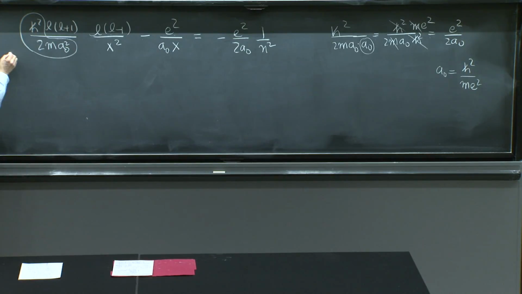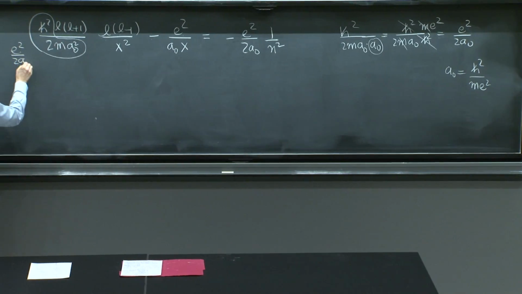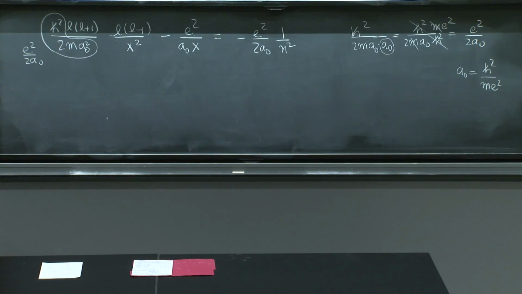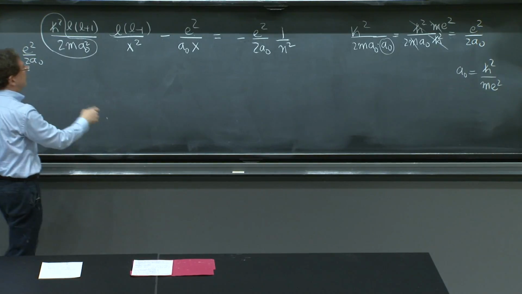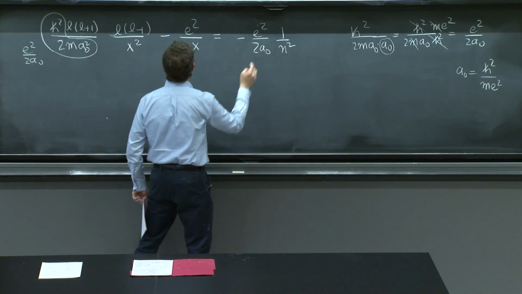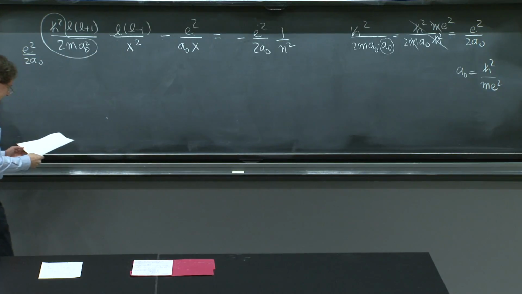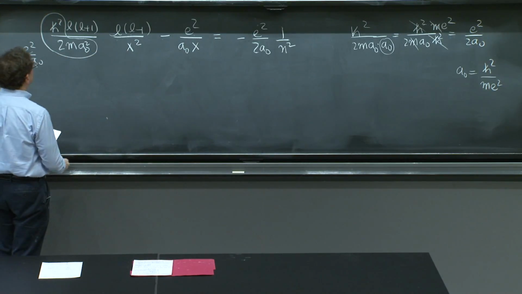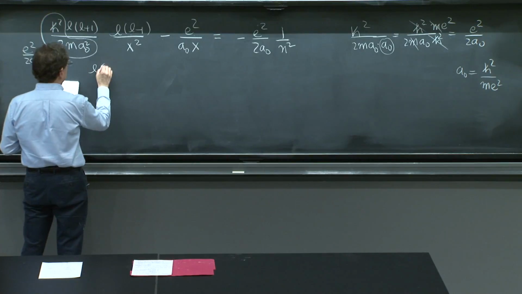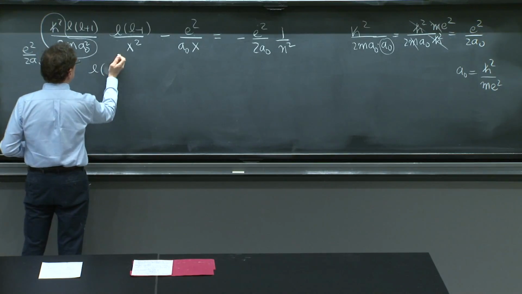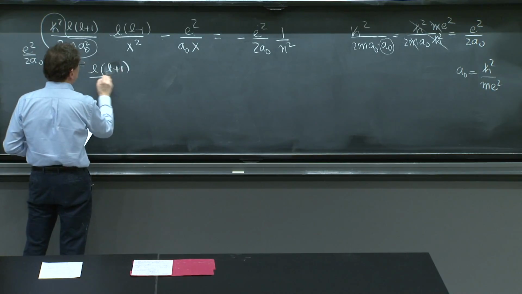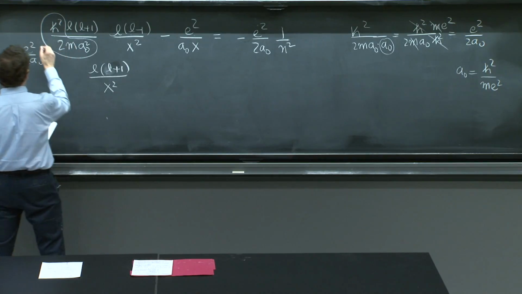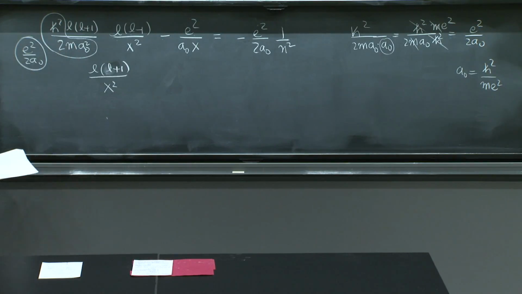So this whole coefficient is e² over 2a0, which is nice, because now the e² over a0 cancels, and we get L(L+1) over x squared. I've canceled all this factor.